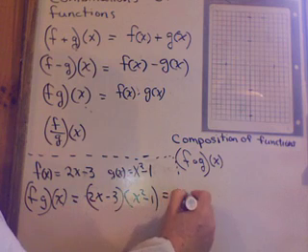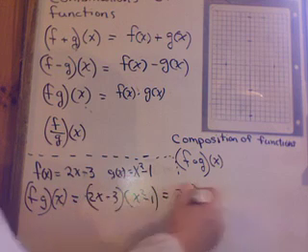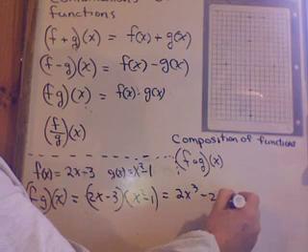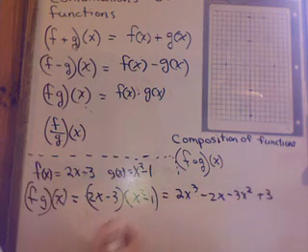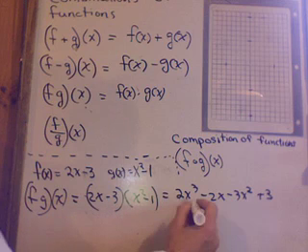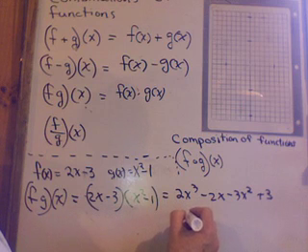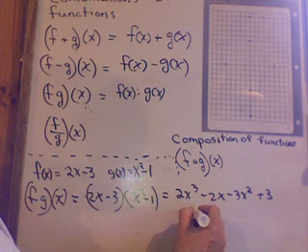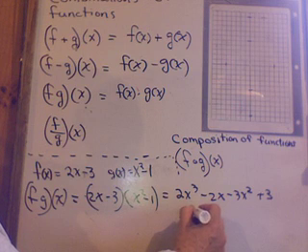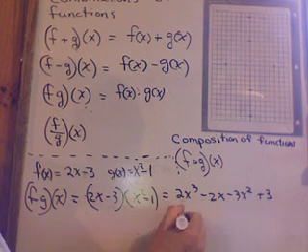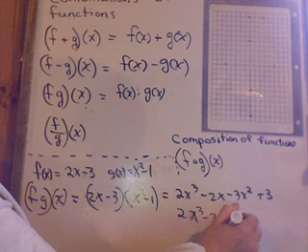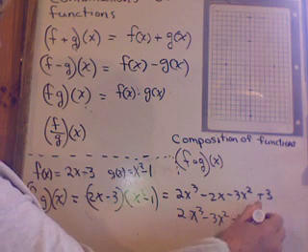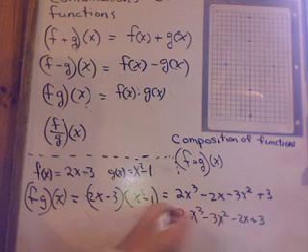So 2x times x squared, 2x to the third, minus 2x minus 3x squared plus 3. Again, combine like terms, and you get 2x to the third minus 3x squared minus 2x plus 3, no like terms.